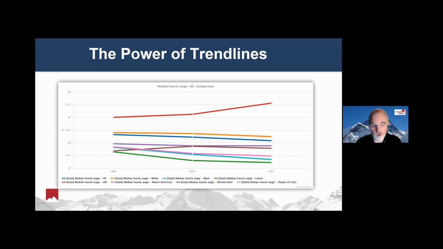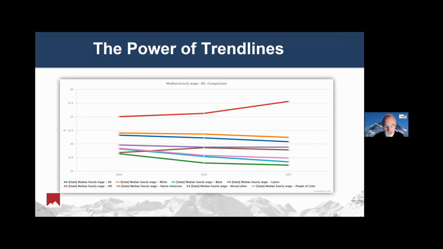What's even more important is that we can disaggregate the data, because around democratization of data, we need to know the true story. We disaggregate the data by race, ethnicity, gender, age, whatever is appropriate. So this is disaggregating the data by race and ethnicity. You can see there are clearly some discrepancies, because you can see the difference between people of color and people that are white, people that are Black, et cetera.